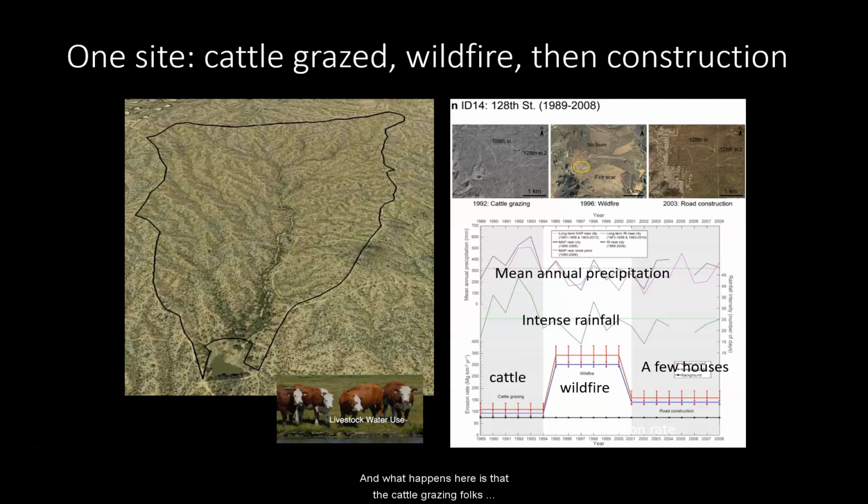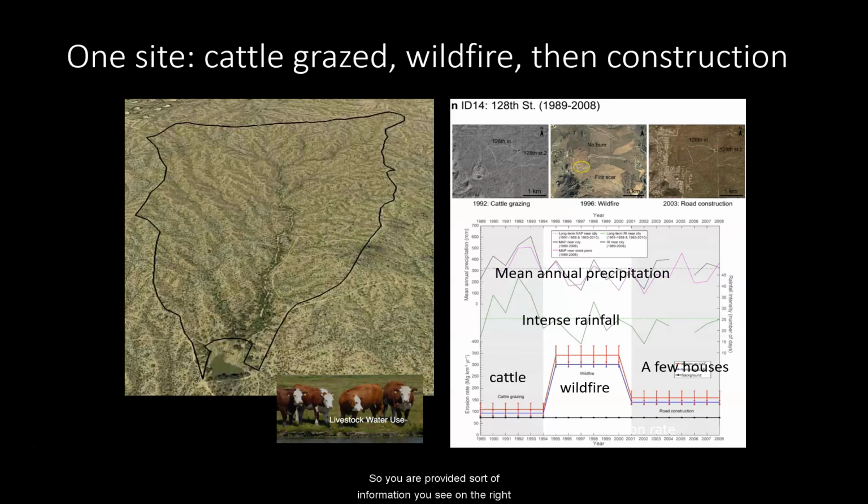And what happens here is that the cattle grazing folks built berms to collect water so the cattle could drink. And these are called stock ponds. What Professor Dorn did was to investigate how much sediment was accumulating in the stock ponds.